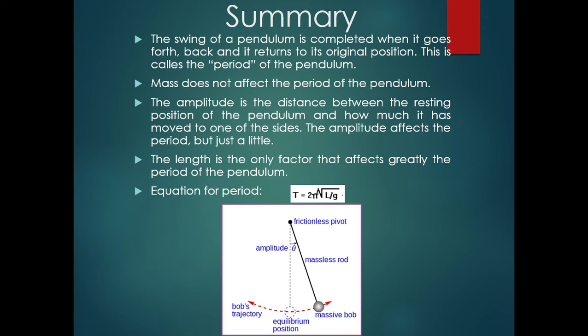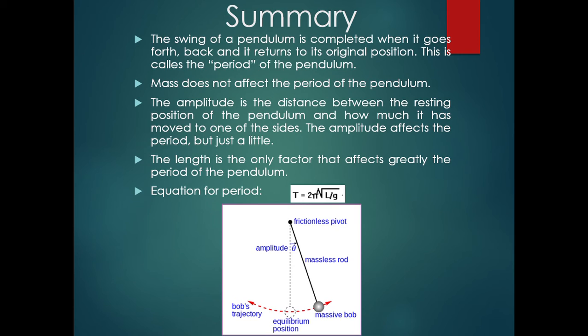You can notice that there we have the amplitude, and students think that the oscillation of the pendulum might be affected if you place it at a higher or lower distance, when in reality, one more time, amplitude affects it, but just a little bit. It's not one of the main things that affects the period.